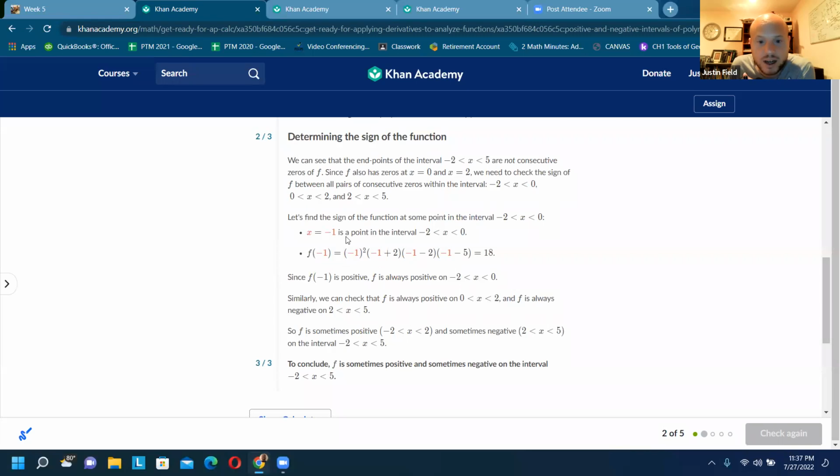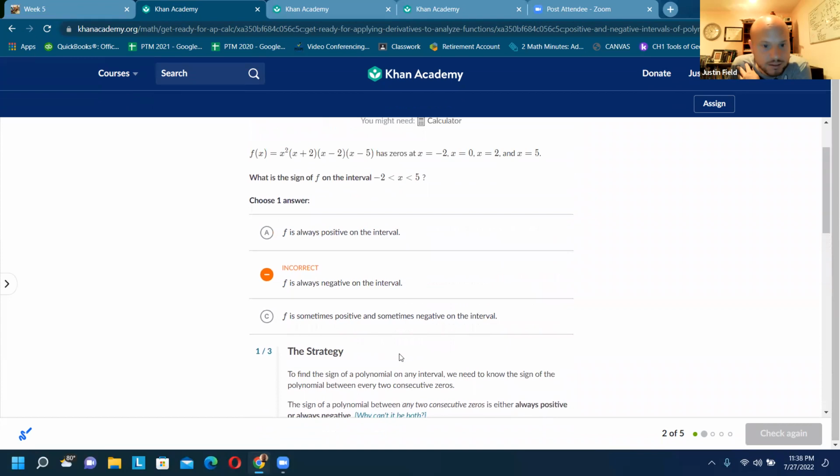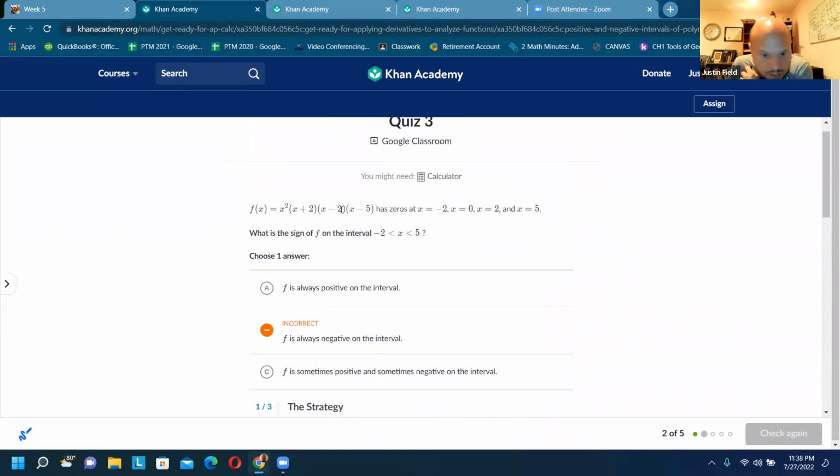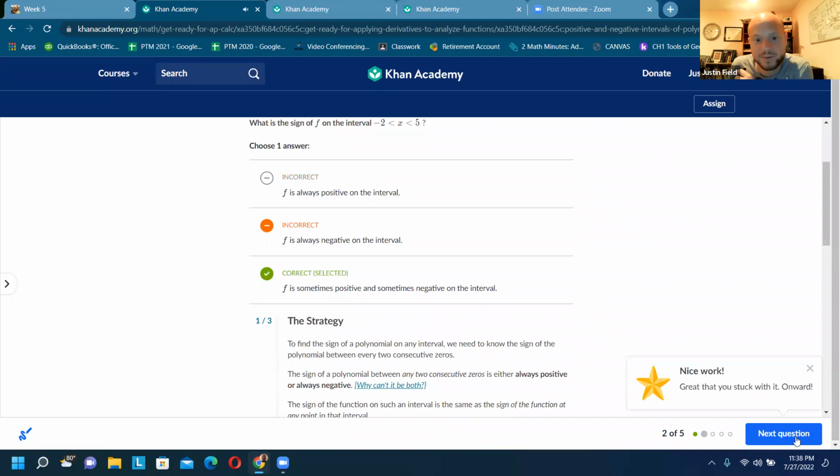So they picked -1 as a point on the interval. And then they had to find out the other interval. So one time it was negative, one time it was positive. So I apologize. I should have seen that they're not consecutive zeros. Otherwise, my answer would have been right.